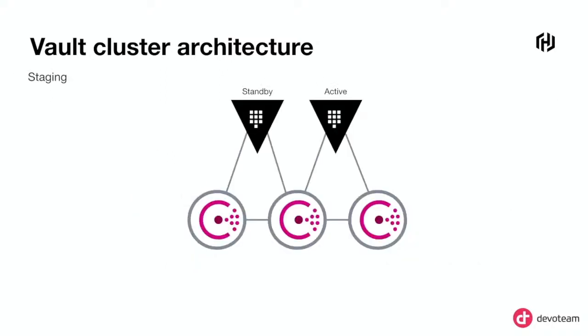If you ever have a chance to do a deployment for staging, then usually go for a standby and an active node and some Consul. I will not mention Consul separately. It's a completely different application that will require another 45 minutes. But a good thing to remember, there is a really good key value storage that can help you with architecture.